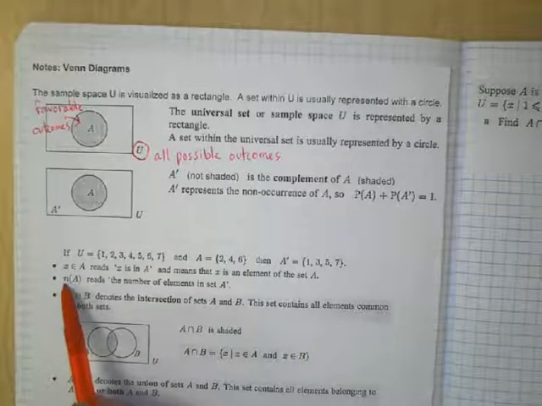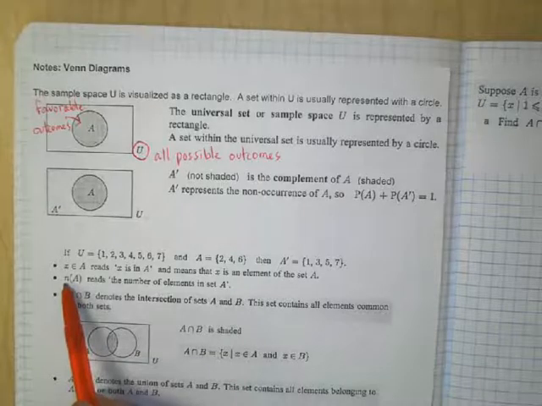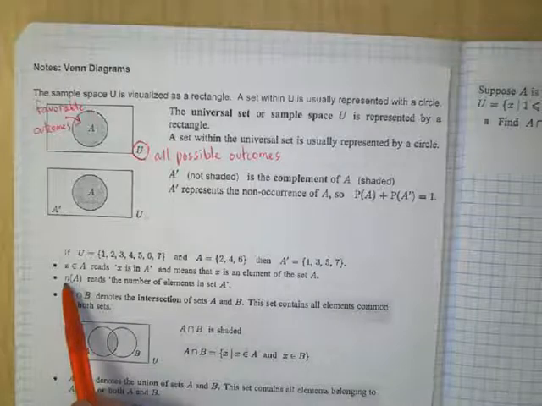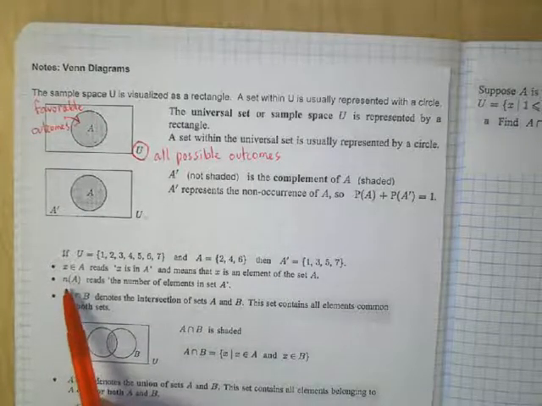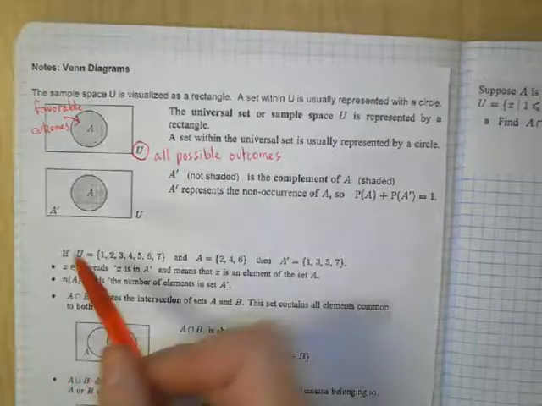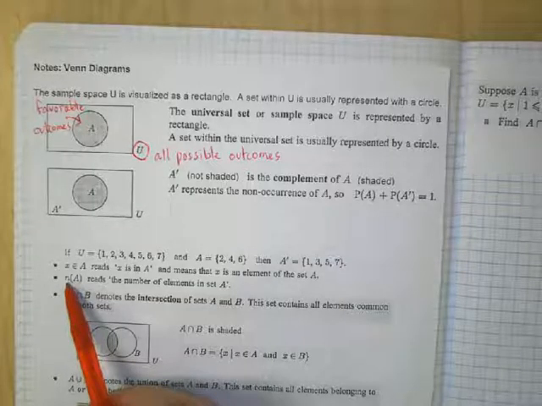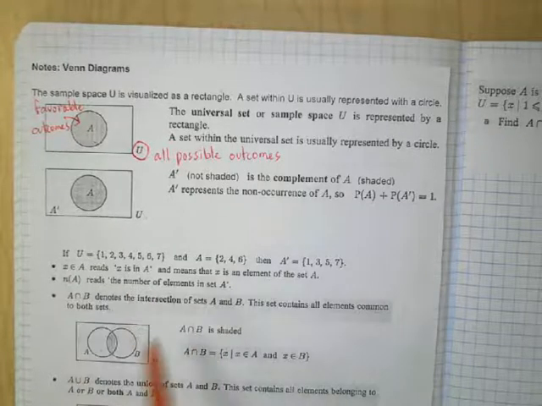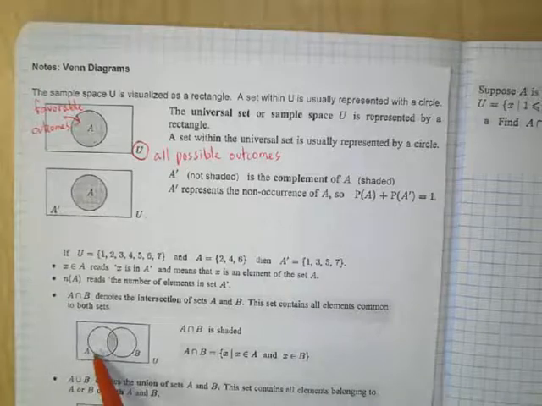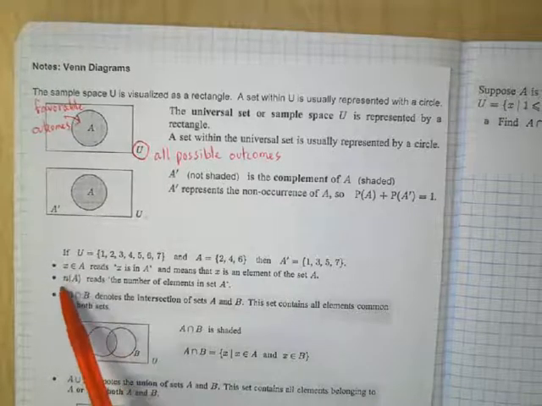If we're just counting how many things are in the overlap or how many things are in an event, we use an N. When we're not talking about a fraction, like the probability of something happening, we can use a Venn diagram to help us count things. We use an N if we're counting the number of events that are favorable or the number of events that are in both set A and set B. So that N is really important.